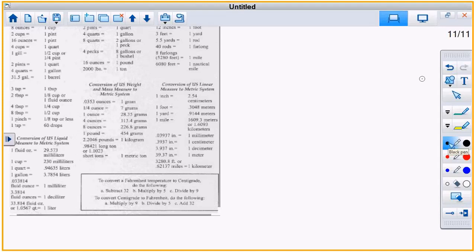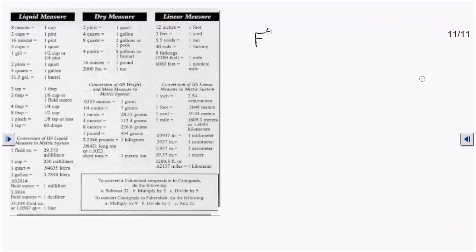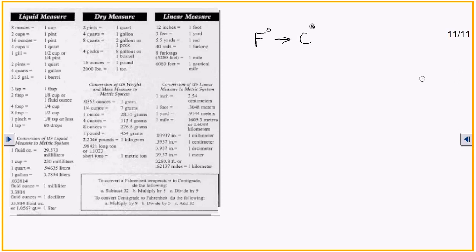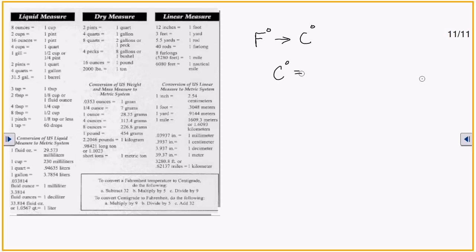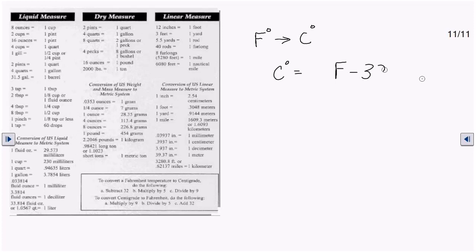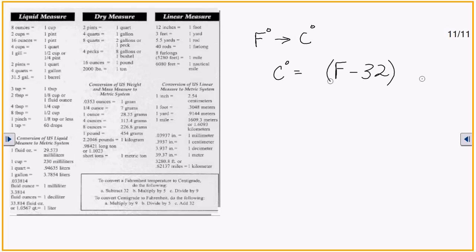Okay, so I'm changing from Fahrenheit to Celsius. And that's going to be, I'm going to put Celsius is equal to, it says take Fahrenheit and subtract 32 and multiply by 5/9.